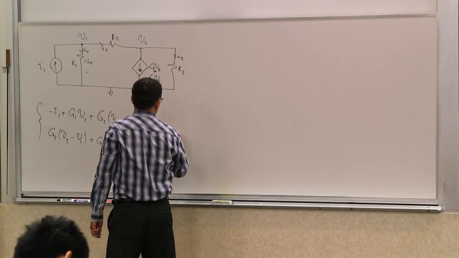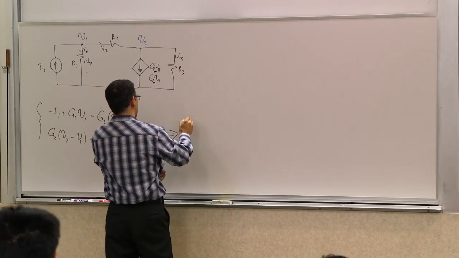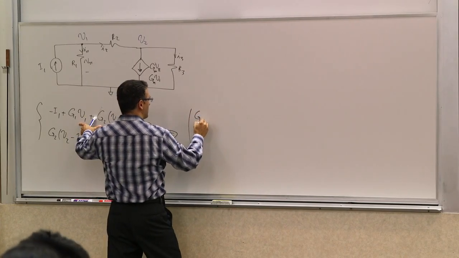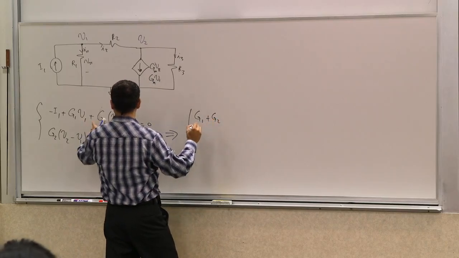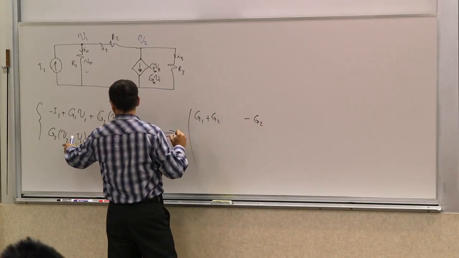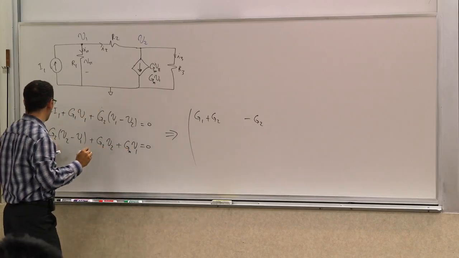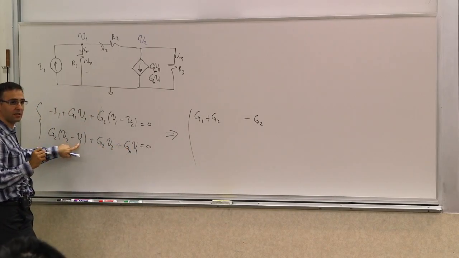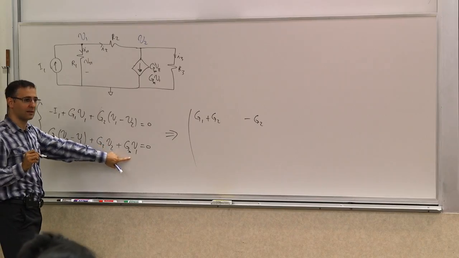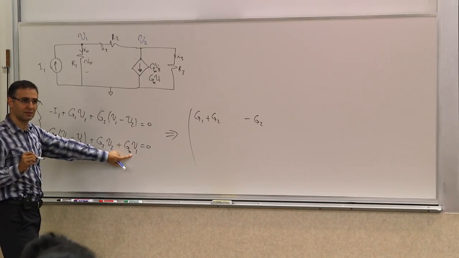So if I translate this to rewrite them in terms of matrix form, what do I get? All the terms that have G1, I get G1 plus G2. Then I get negative G2. Then here, what do I get for V1? I get negative G2 from here. But I get one more thing, this term. Right?